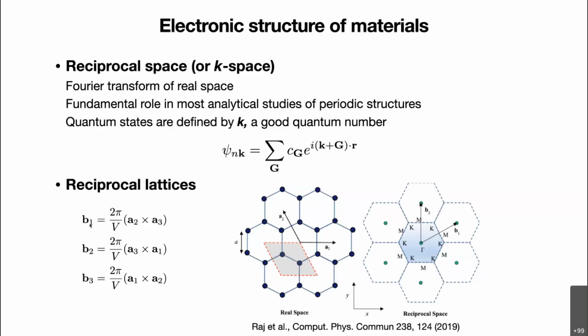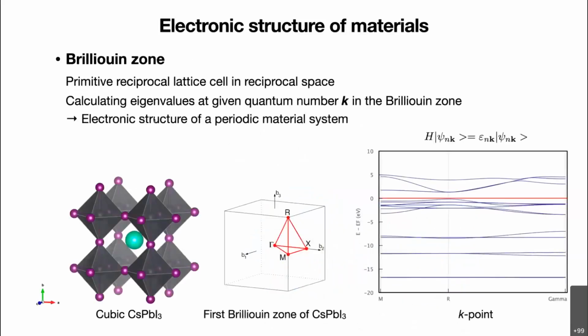Because the reciprocal lattices are basically inversely proportional to the real space lattices. Okay, we also need to know what the Brillouin zone is. The Brillouin zone is the primitive reciprocal lattice cell, which is similar to the unit cell in real space.